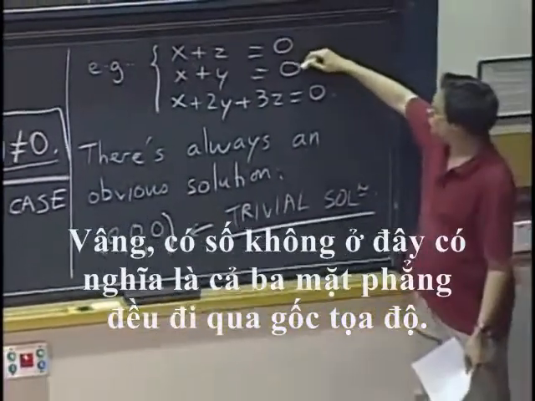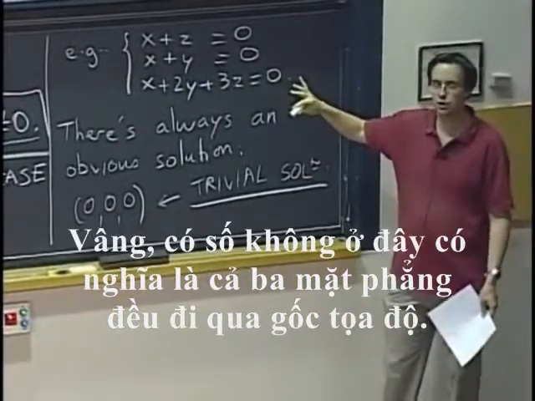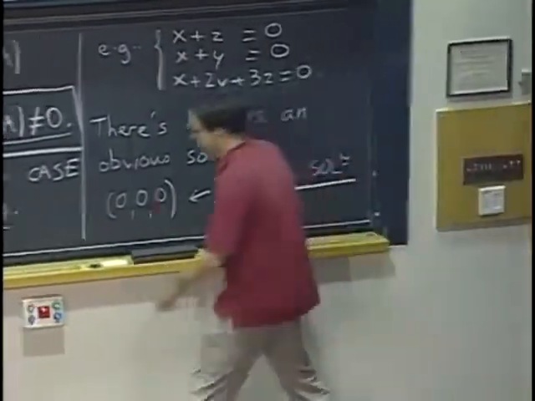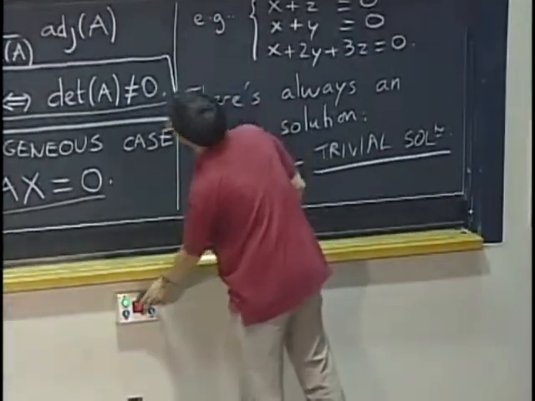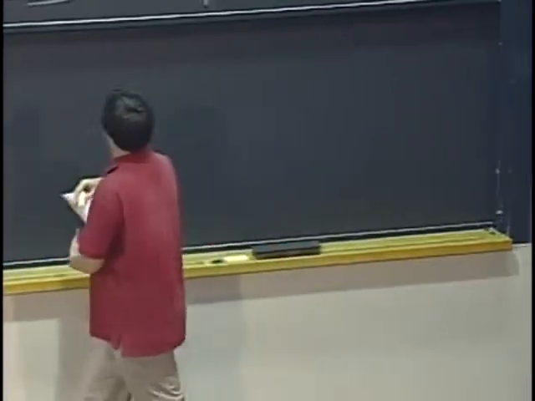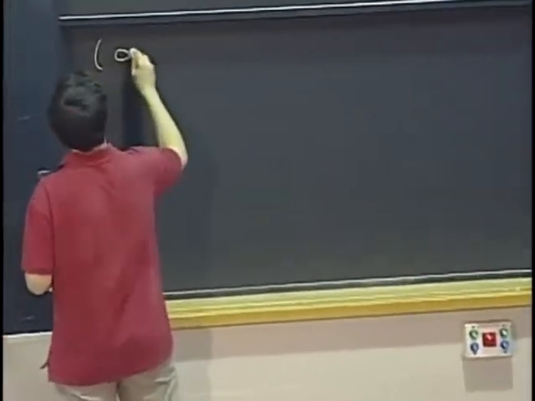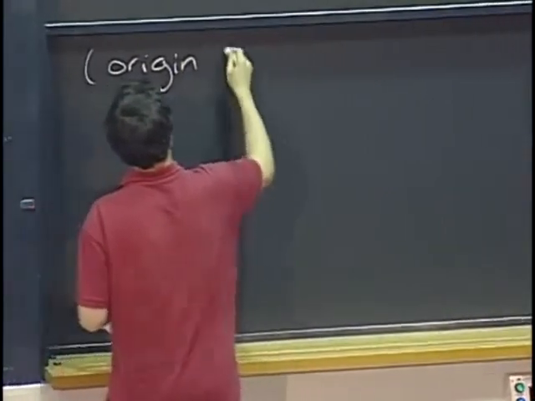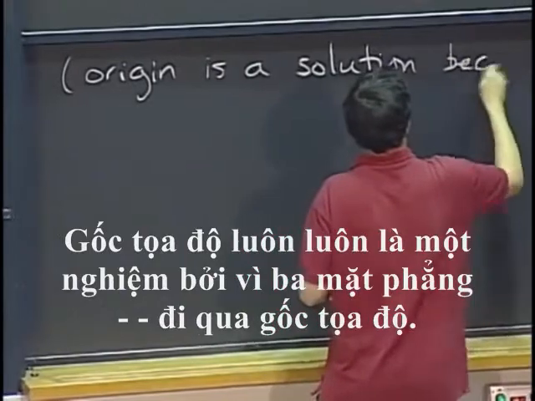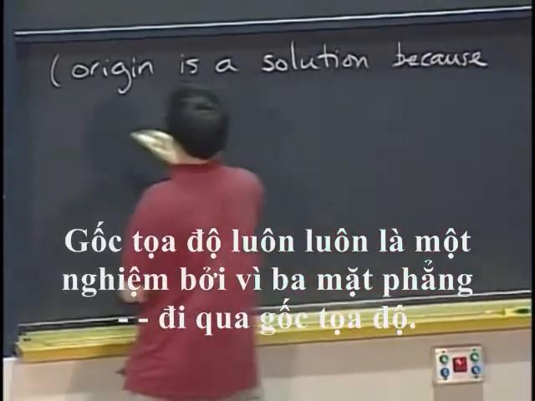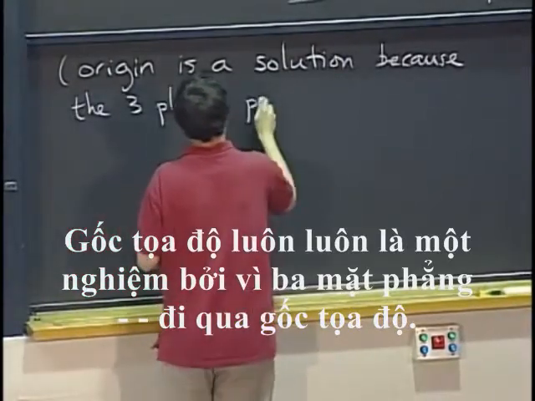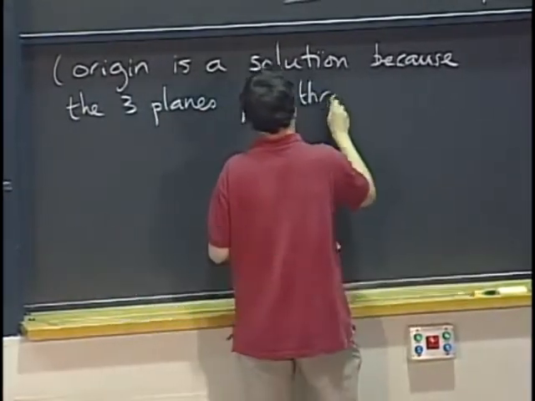Having zeros here means that all three planes pass through the origin. So certainly the origin is always a solution, because the three planes pass through the origin.